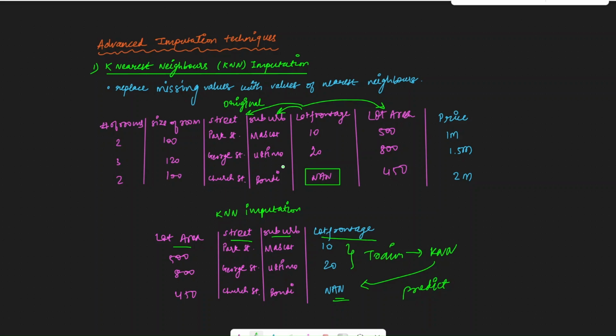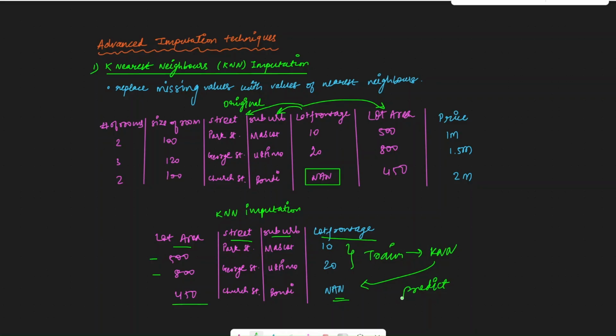Essentially, we are picking up those columns which are correlated with lot frontage, and building a KNN model between these features. For all the rows where lot frontage is present, we use them to train our KNN model, and then we give it the rows where lot frontage is NaN to get the predictions.